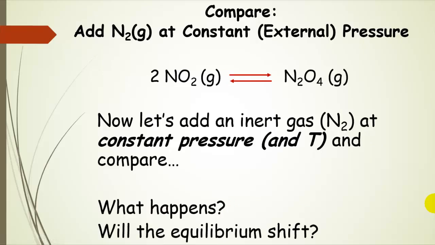Now, let's compare this, because now we're going to get a different result. If we add the same inert gas at constant pressure and temperature, what's going to happen, and will the equilibrium shift? As kind of a spoiler, the equilibrium is going to shift in this case. So we're going to think through this.